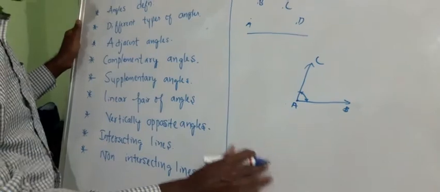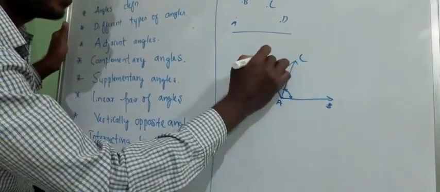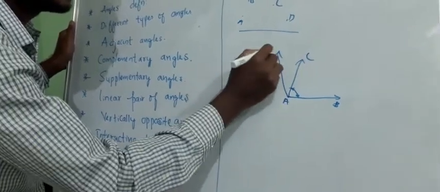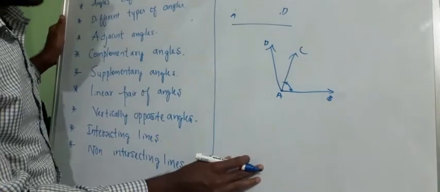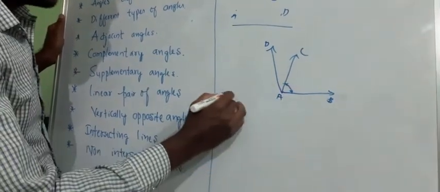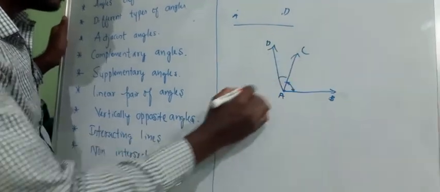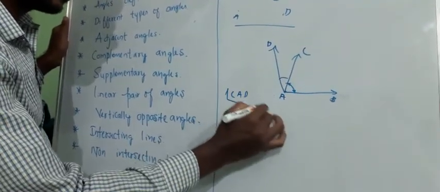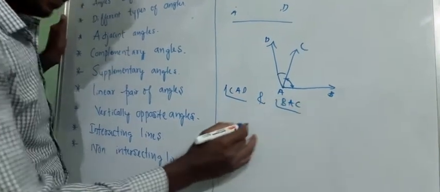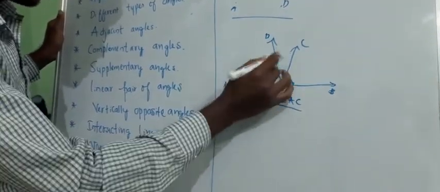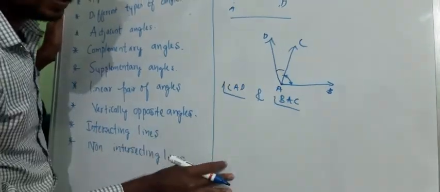Then, what do you mean by adjacent angle? See, in this, AC is common. If I consider angle CAD and angle BAC, in this AD and AC, the two arms are making one angle.